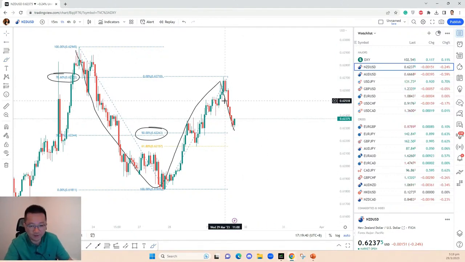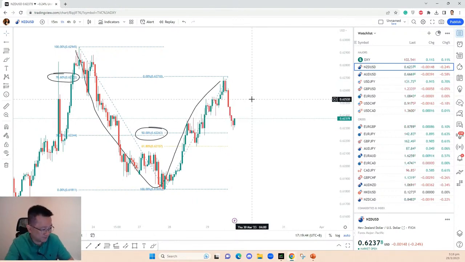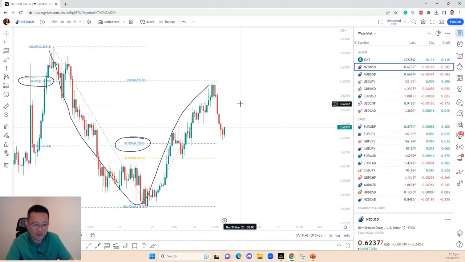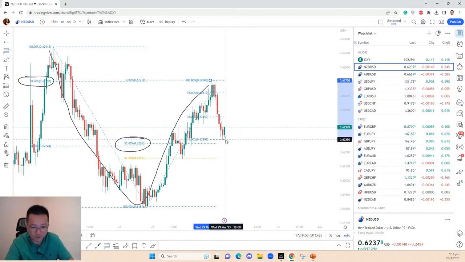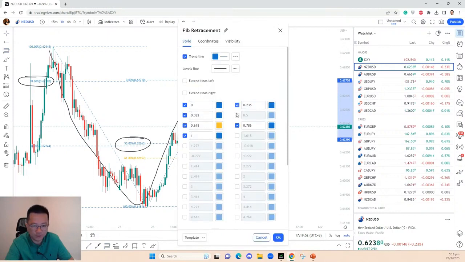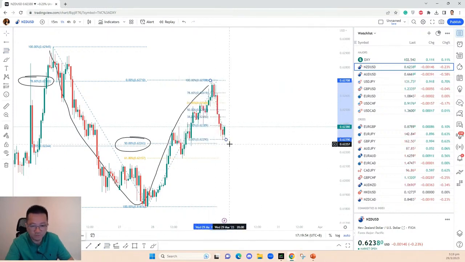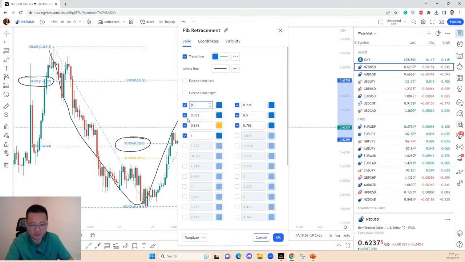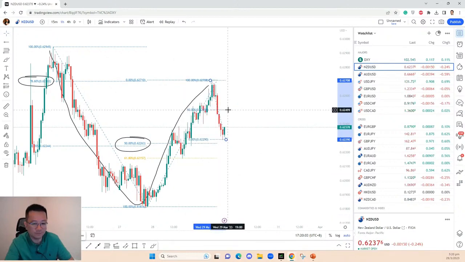Now let's say that you are super smart and went overboard and did one more line here. I wouldn't normally on such a small move, right? But you can see here that 50% level.